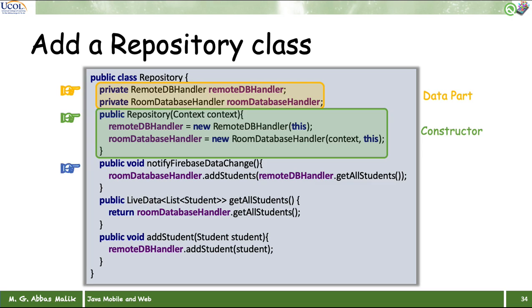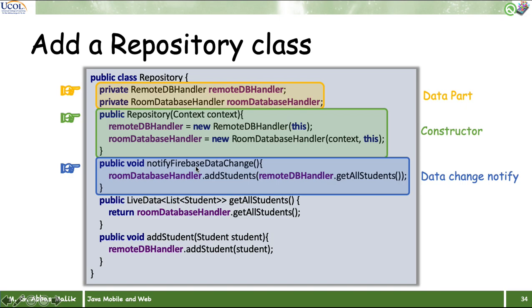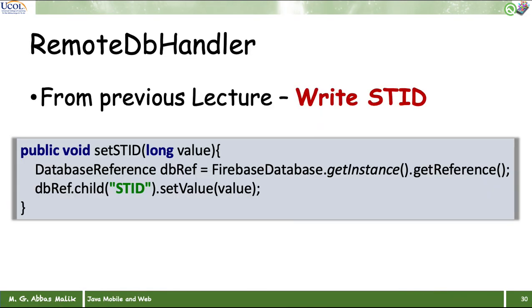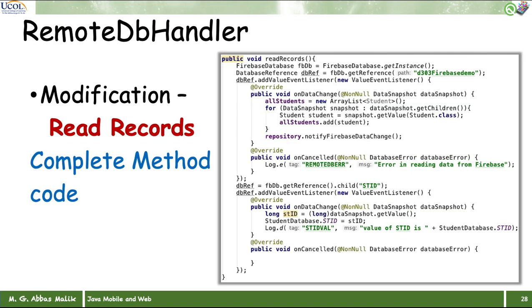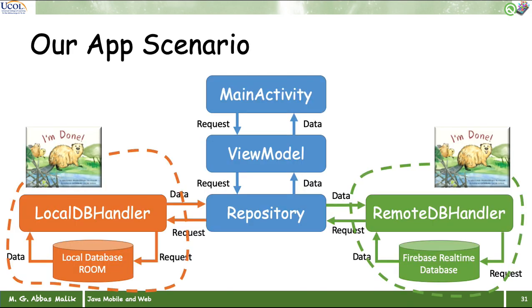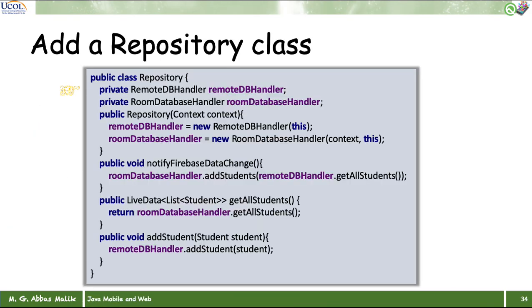The next thing is notify Firebase database change. If we go back to our read operation, we have repository dot notify Firebase data change. So inside our repository we are calling this specific method once we have read all the records from our Firebase cloud database.